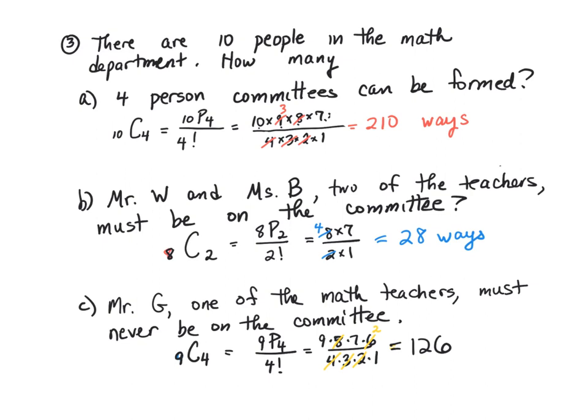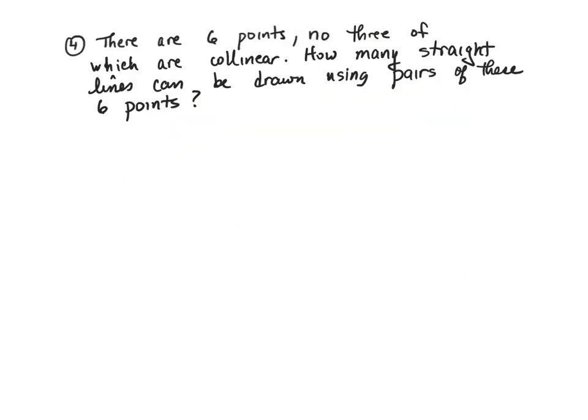Let's take a look at a few more. Here is a very nice geometry problem. Suppose there are 6 points in a plane, no 3 of which are collinear. How many straight lines can be drawn using pairs of these 6 points? So here, let's make a diagram. Okay, so here I have 6 points, no 3 of which are collinear.